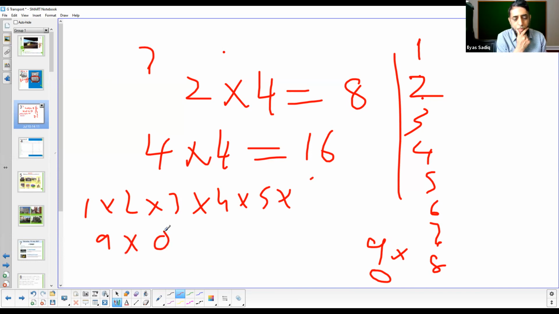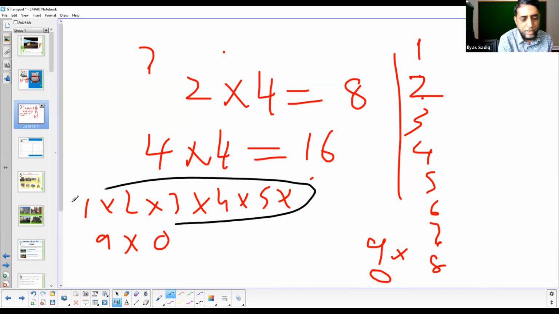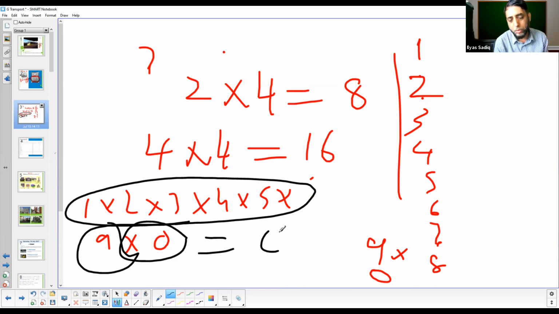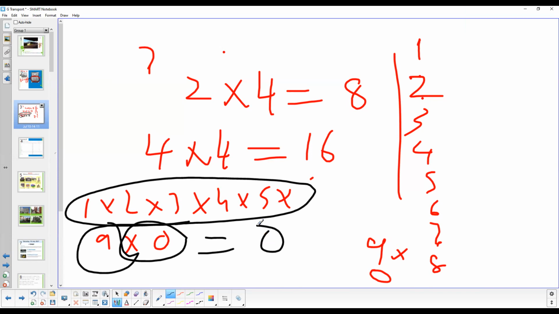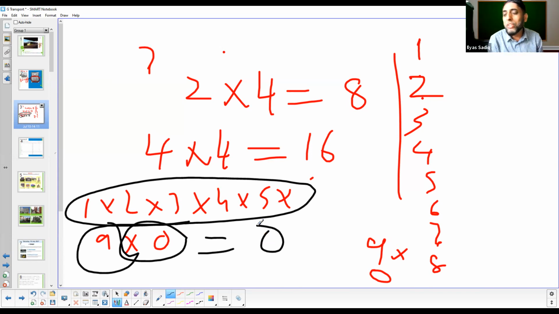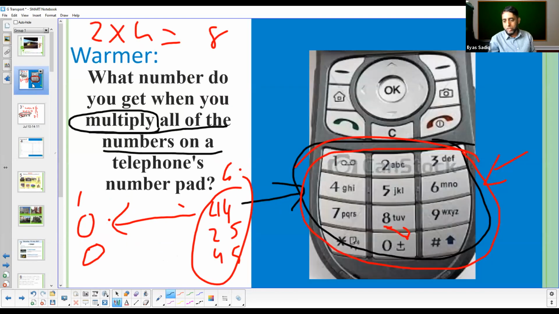So now look at that. You are not interested in all the rest, whatever it is. When you multiply by 0, it becomes 0. This is why I just gave you 15 seconds, because there was no calculation involved, because there was also a 0.